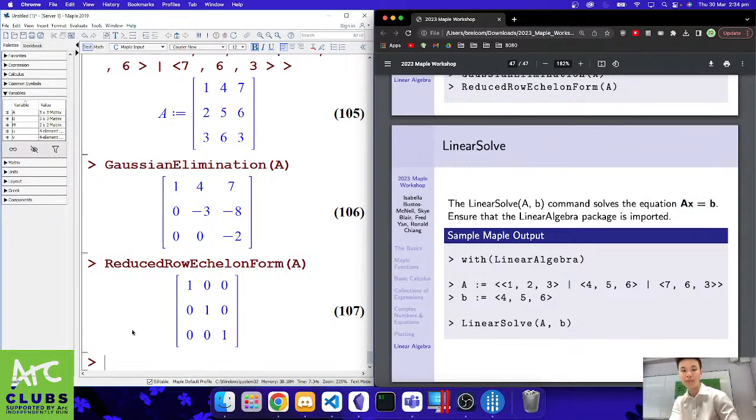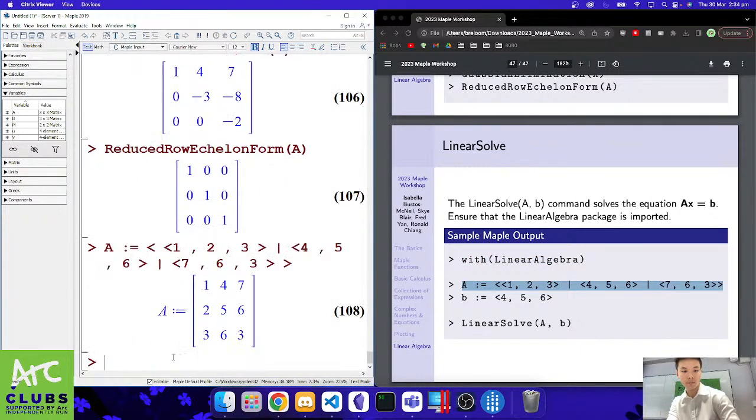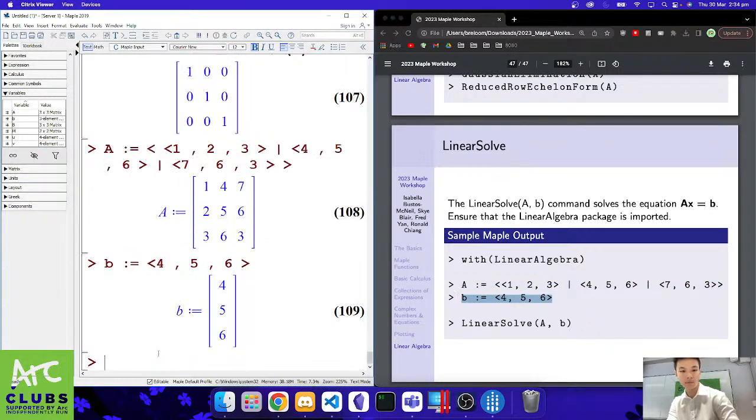Again, you would first need to import the linear algebra package. Suppose we have the matrix A equals this thing over here, and we have the vector B equals this vector here.